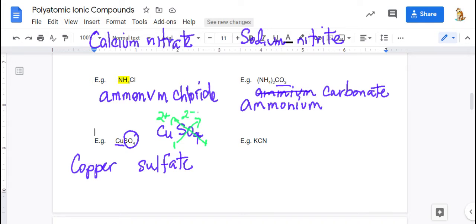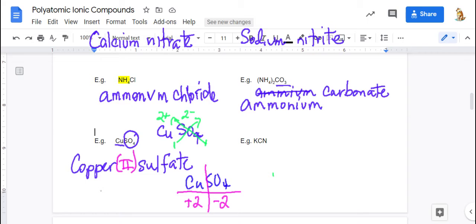If you were going to do the zero sum rule, you would do the charge on sulfate is -2. Therefore, the positive charge has to be +2 for these two numbers to add up to be 0. So I know that either way, this is copper(II) sulfate. So you have to put in the Roman numerals.